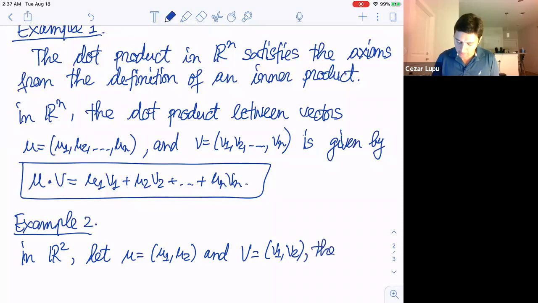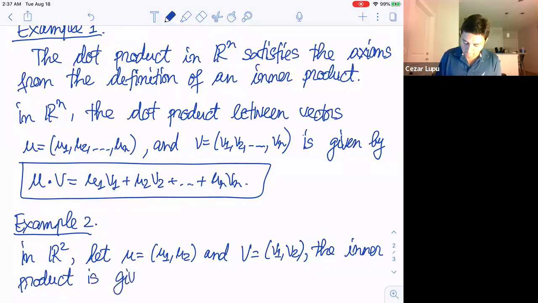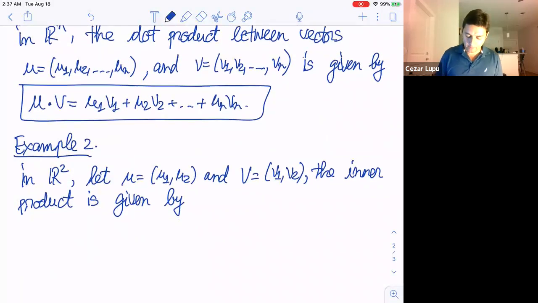The inner product is given by, and I'm going to write it like this, U dot V equals U1 V1, and now I'm just going to define it with a different weight, plus 2 times U2 V2.